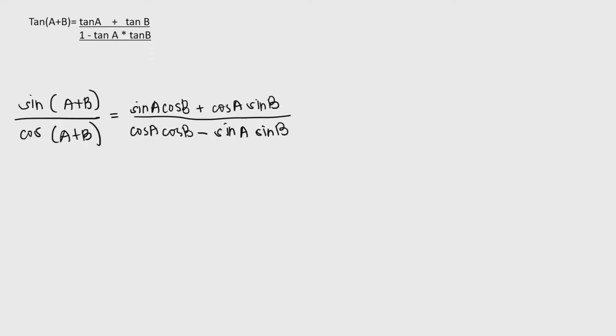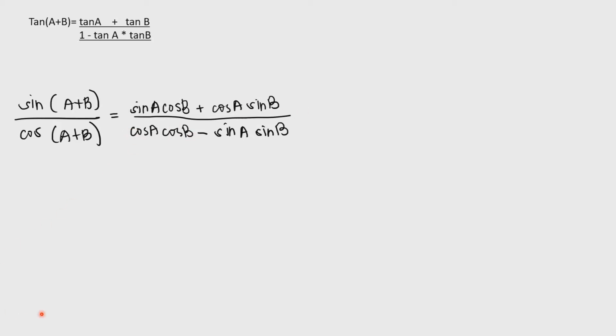So, let's get back to this equation. We all can see that there is 1 here, right? So, in order to have 1 in this equation, we have to divide everything by cosine A times cosine B. It's because if we divide this by cosine A times cosine B, it would give us an answer of 1.